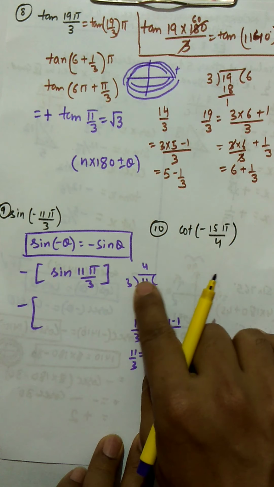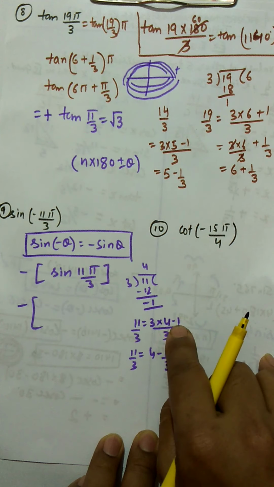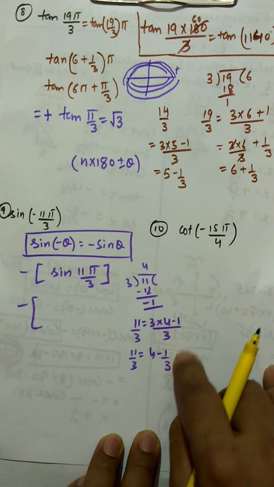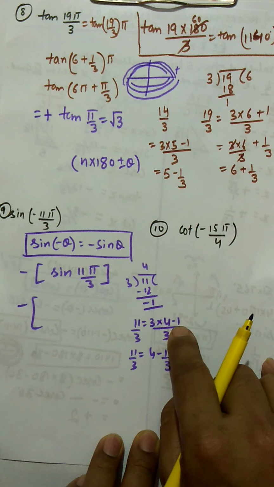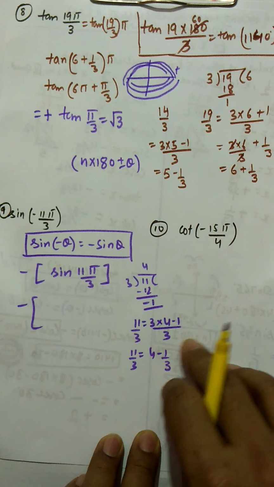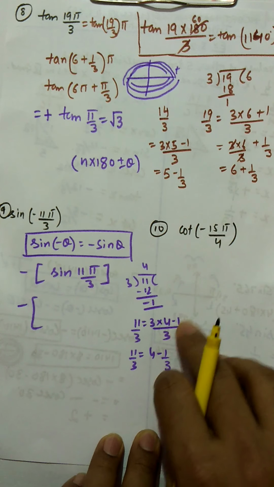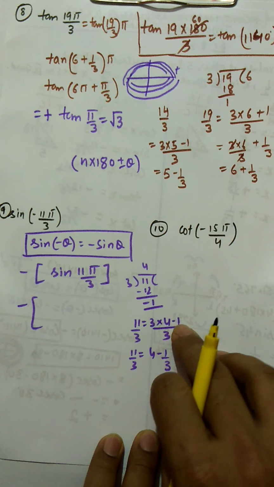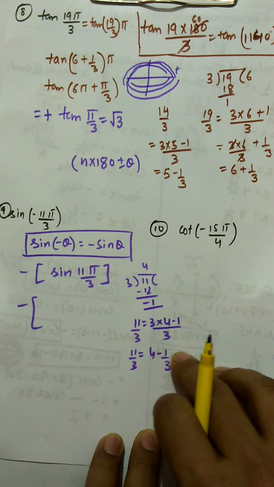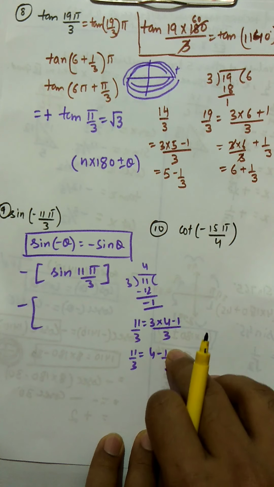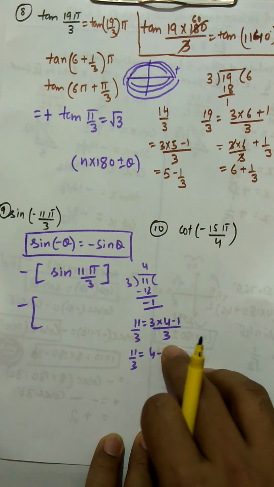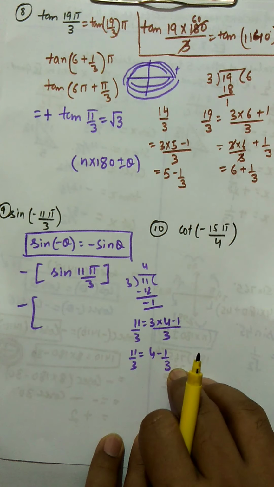Some of you might do 3 into 3, 9, plus 2, but that way it will become 2 pi by 3. So 2 pi by 3 is more than 90 degrees. So you cannot go like this. Better you convert that into this form, and this number should always be less than 1.